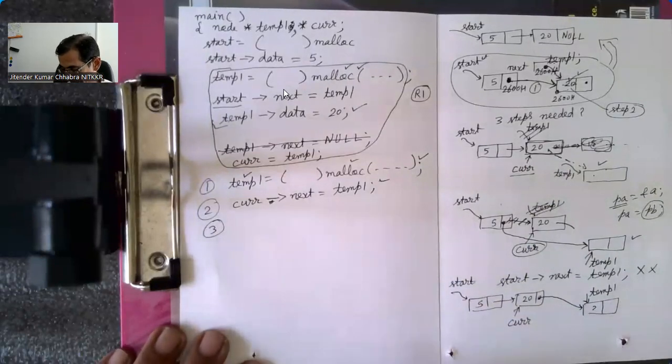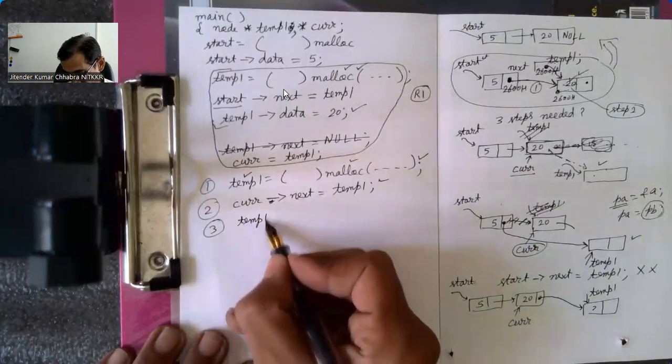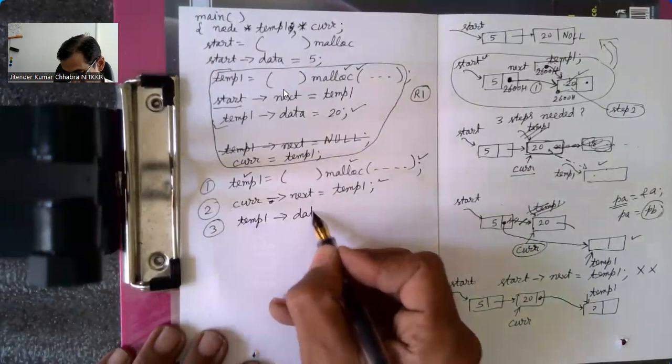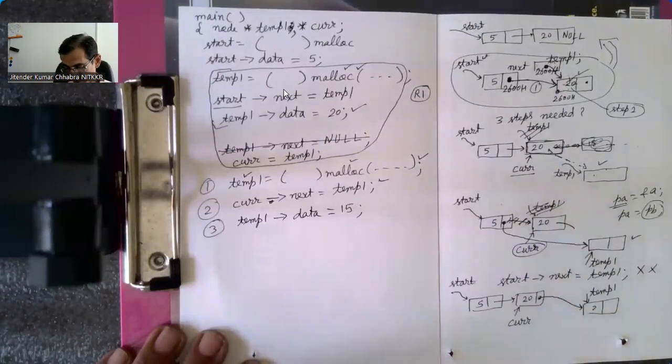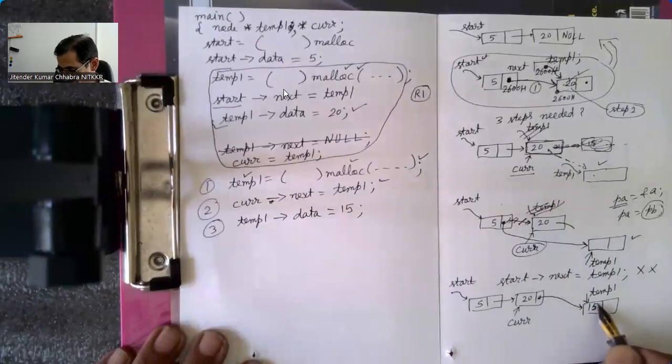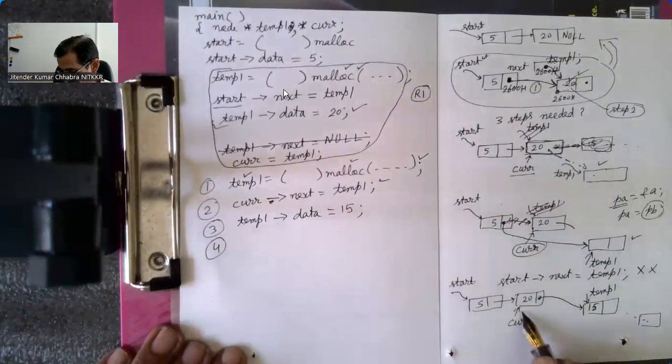This data is to be assigned. So I can say temp1 arrow data equal to, let's say, 15. 15 got stored here. And maybe I will have another node later, and again that linking is to be done. I want to repeat. So what should the fourth step be? Current should shift.